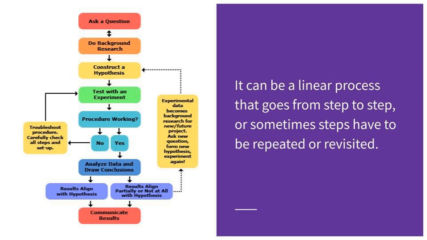That happens, but sometimes our steps have to be repeated or visited, and it becomes not quite a linear process. So you can see on this chart here, sometimes your test doesn't work, or you don't quite get the results you thought you would, and you have to ask a new question. So we will do a lot of practices where it is a linear process, but just know that sometimes it's not, and sometimes you have to go back to another step. You have to revisit a step or redo a step. So it's important to keep that in mind.